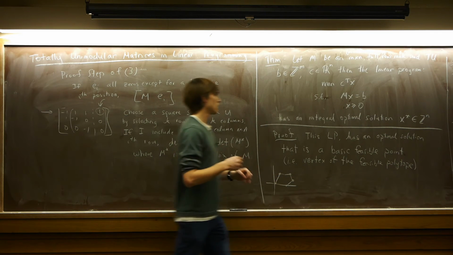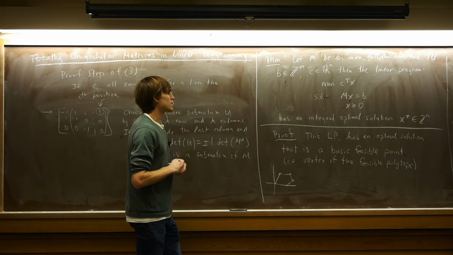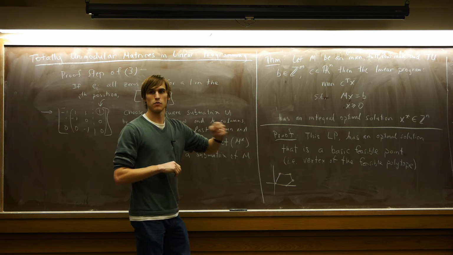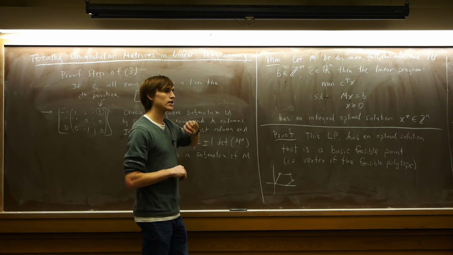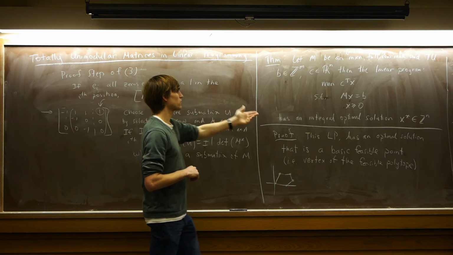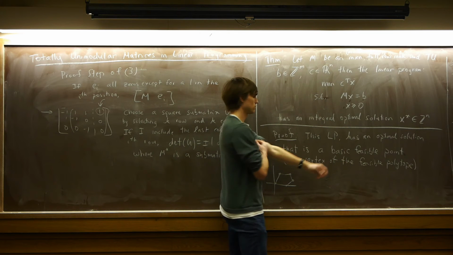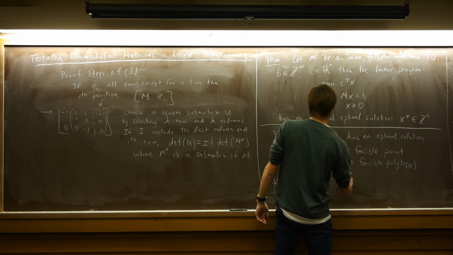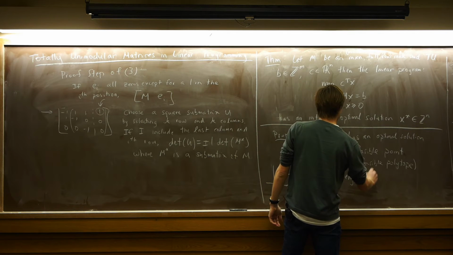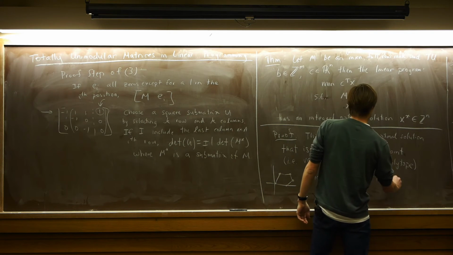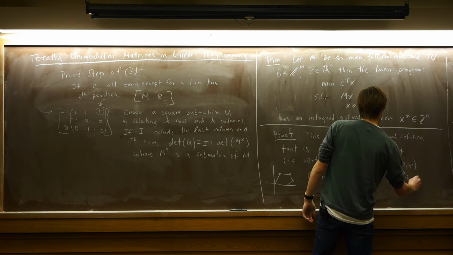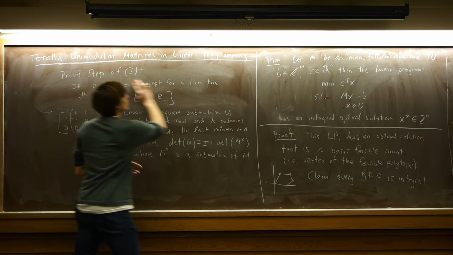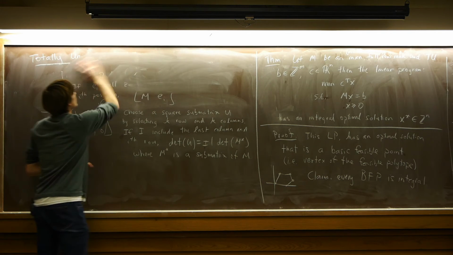Okay. So the LP has an optimal solution that's a basic feasible point, and what we're going to show now is that every single basic feasible point is integral. So if every single basic feasible point is integral, then certainly we have an integral optimal solution. Okay. Claim: every basic feasible point is integral. Okay. So that's going to be our next step.